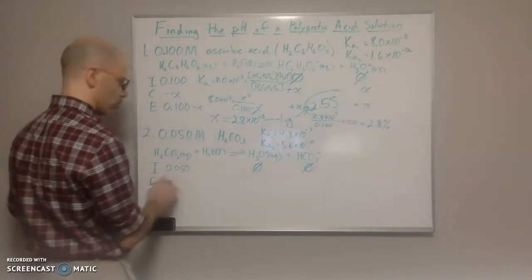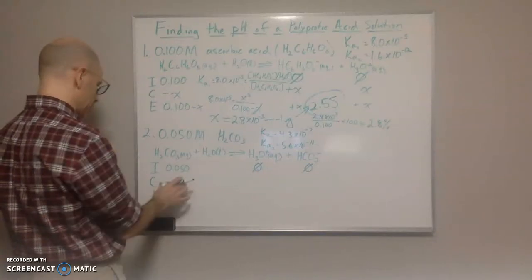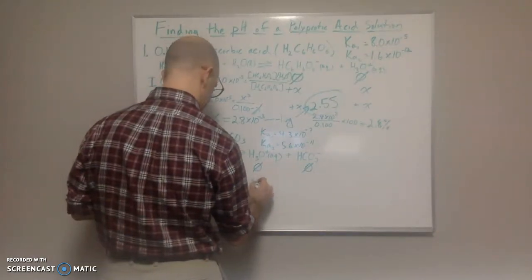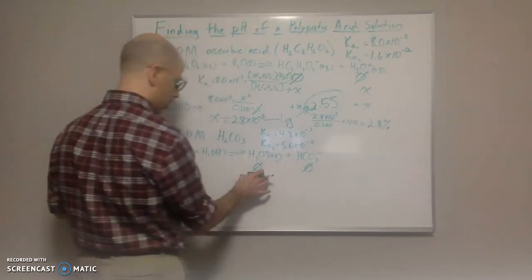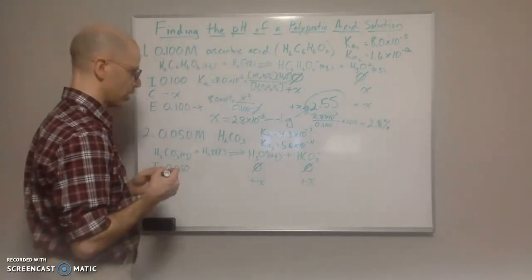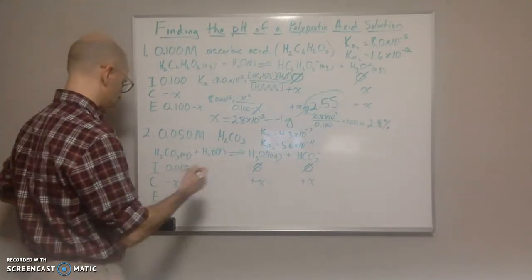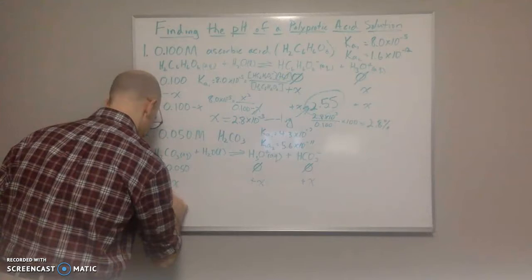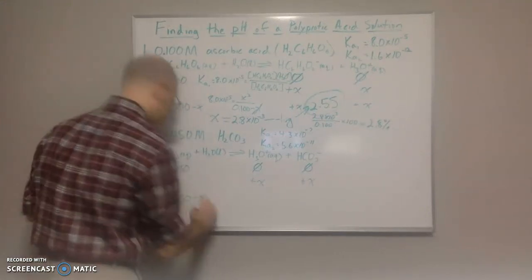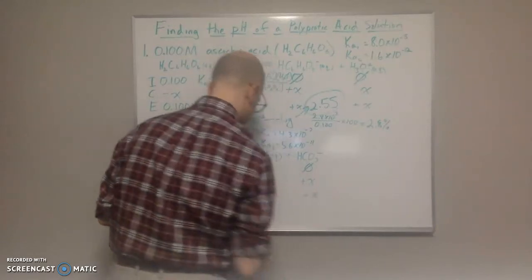And so we're going to lose an X amount of this reactant. We're going to gain an X amount of H3O+, and we're going to gain an X amount of HCO3 minus. Okay, so then we just add these together. So 0.050 minus X, and again this is plus X, plus X.